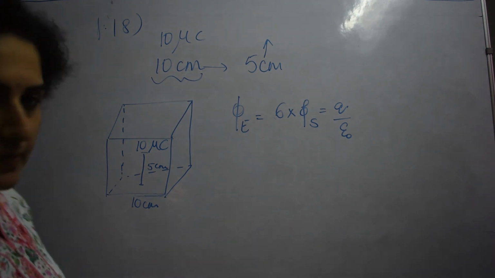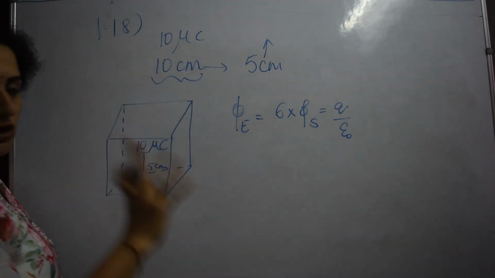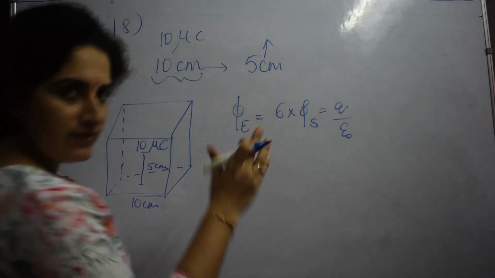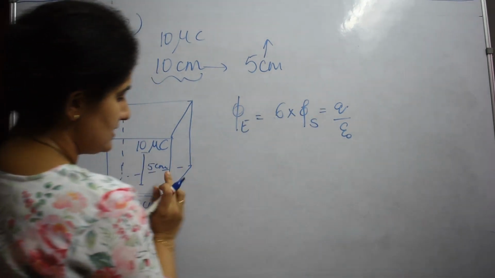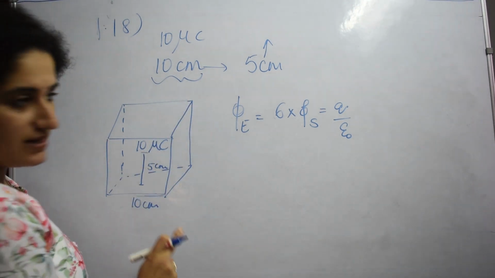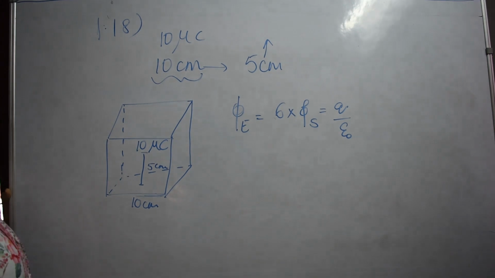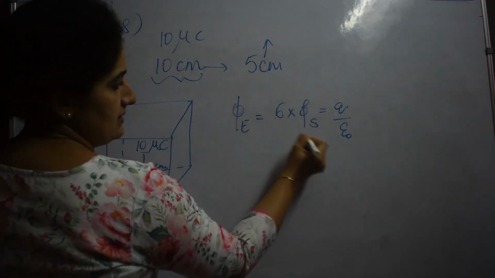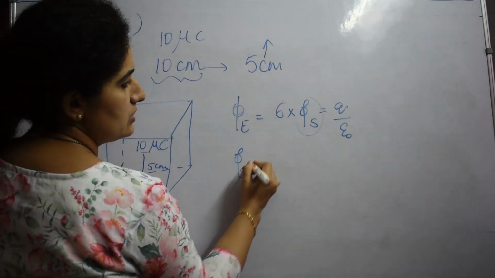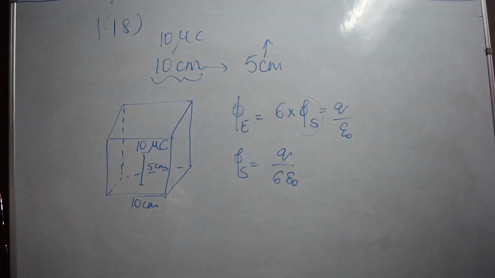Since we are considering the cube which has 6 faces, it is 6 phi S, where phi S is the flux through each surface. So directly you can find phi S. Phi S should be equal to Q by 6 into epsilon naught.